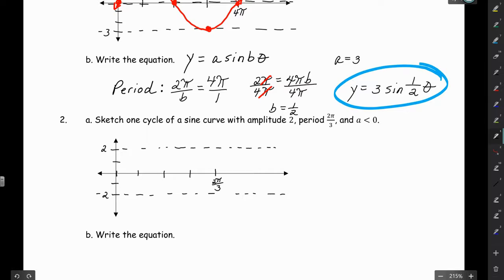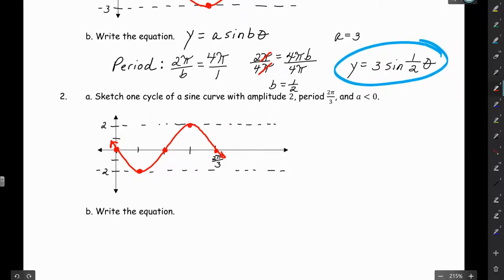And we know that a is less than 0, so our pattern is going to go 0, min, 0, max, 0. And then we'll connect the dots, put arrows on the end. And now we've sketched one cycle of the curve with those criteria.